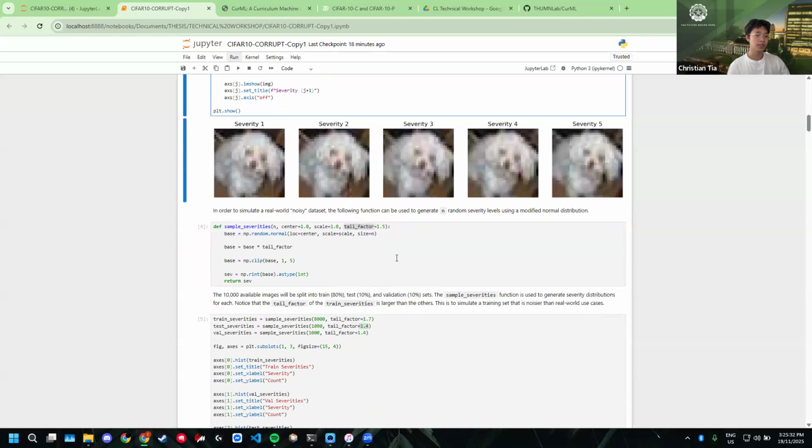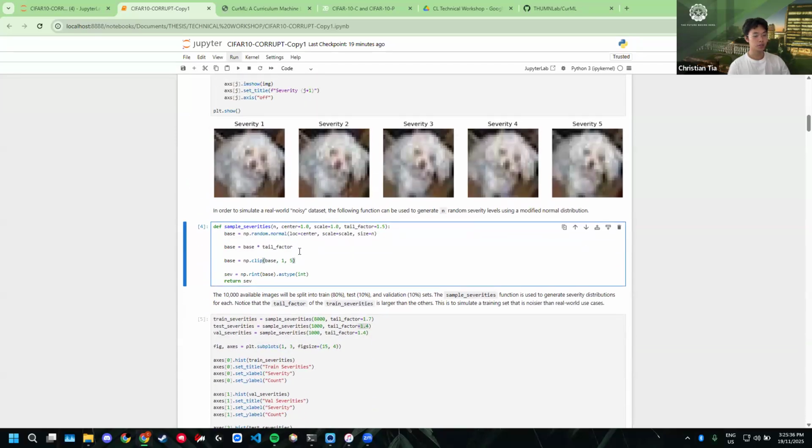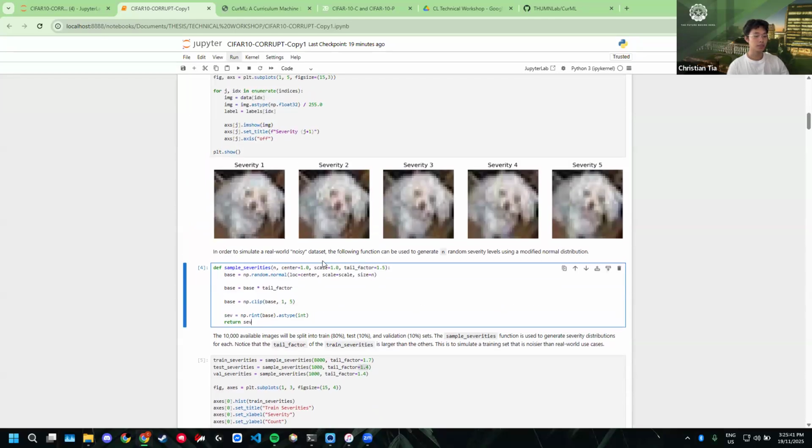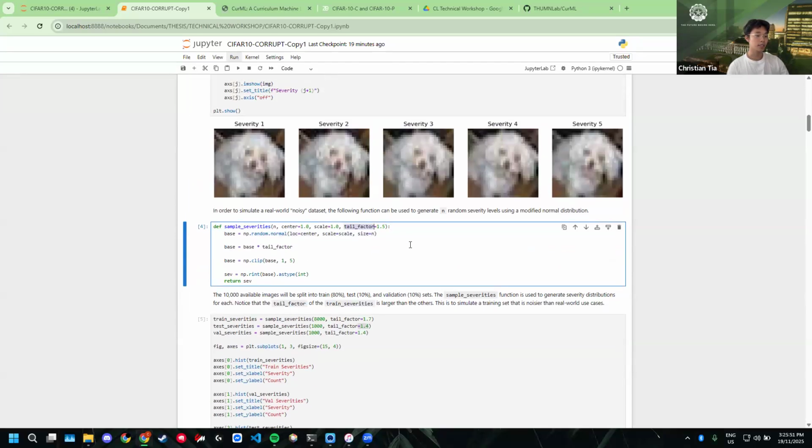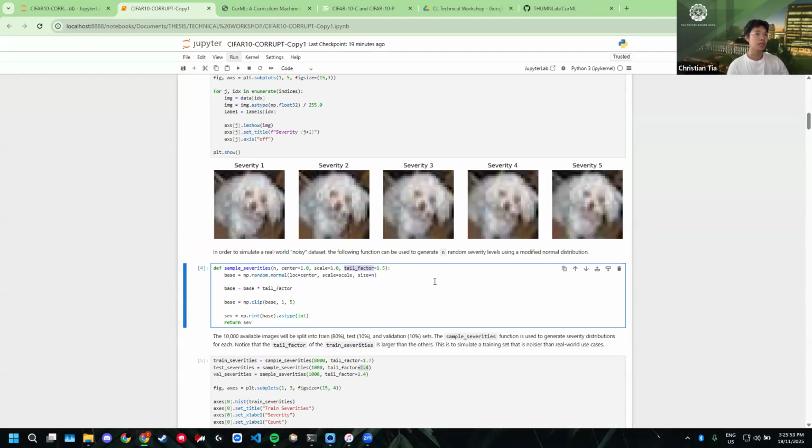And we can generate the distribution of severities to use from these images using the following function, where I just define a normal distribution, and then multiply it by some tail factor. The tail factor is how heavy the tails would be. A heavier tail would mean there are more of those rare, severely noisy images in your data set, and a lower tail factor would mean less.